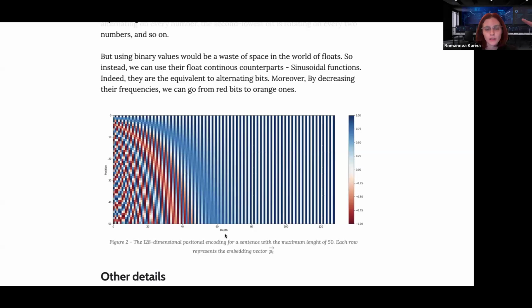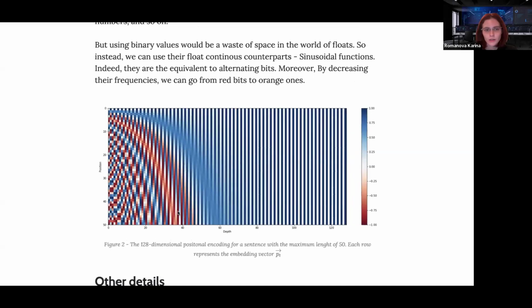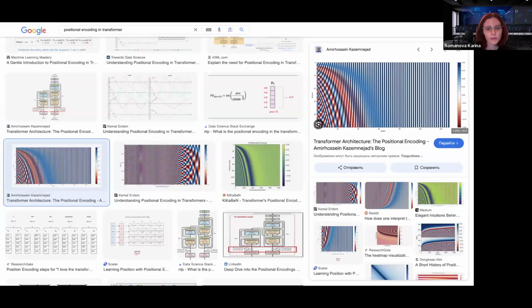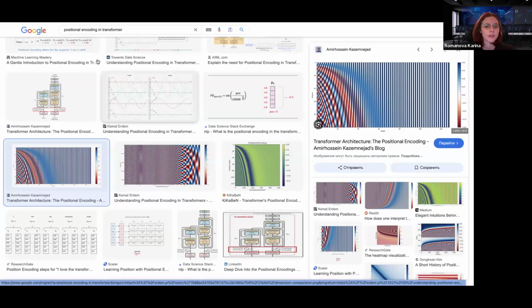The color shows how far one part of the sequence is from another, and this type of information helps us understand some grammatical rules of our language and other things.